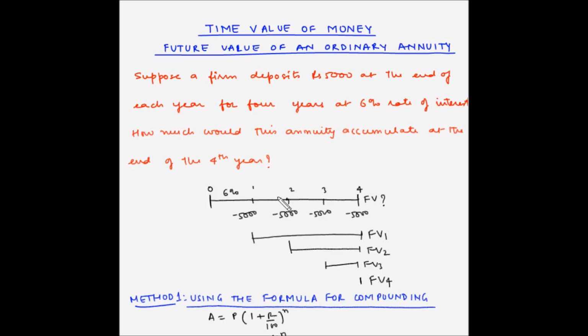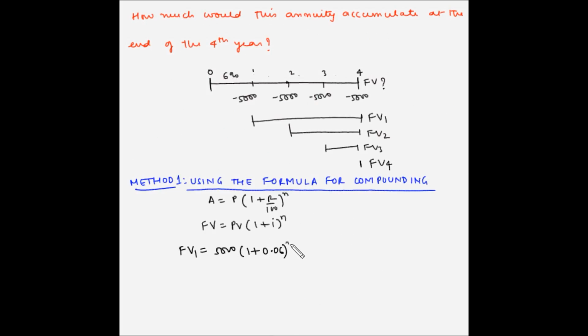So it will gain 6% at the end of the second year, then at the end of third year again 6%, and at the end of fourth year again 6%. So total time frame for which this first investment will attract the interest is 1, 2, and 3. So here n is 3. So this becomes 5,000 into 1.06 to the power 3. We'll calculate this amount later.